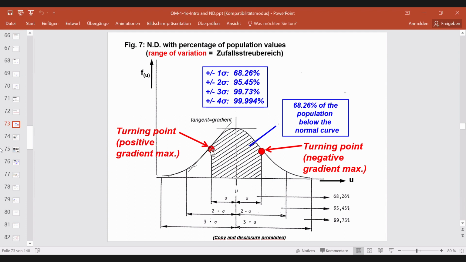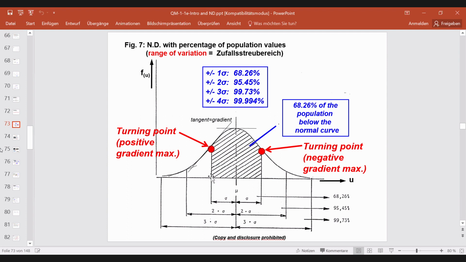Here you have the turning point of the bell curve, and here you have the turning point. And between these 2 points, between plus and minus 1 sigma, in this area you have 68.26% of the population of all the values.